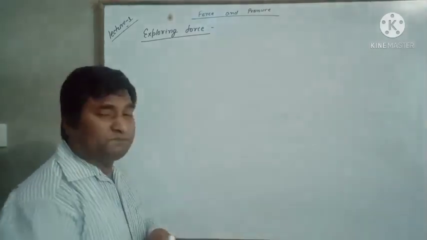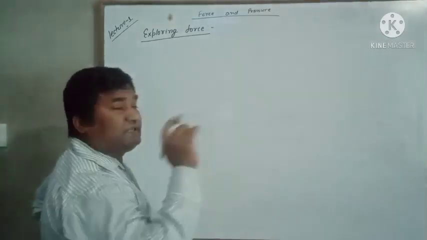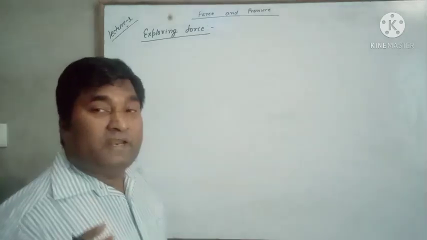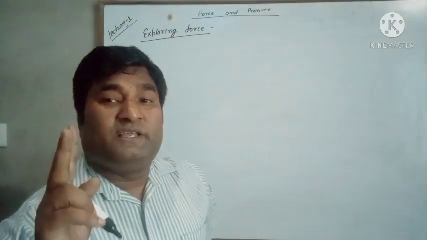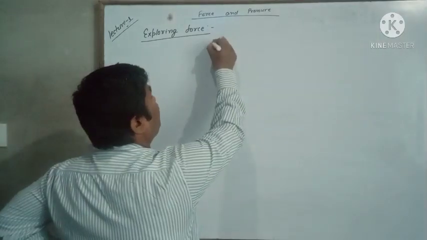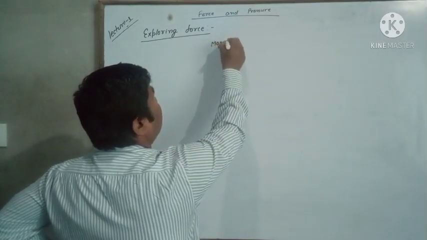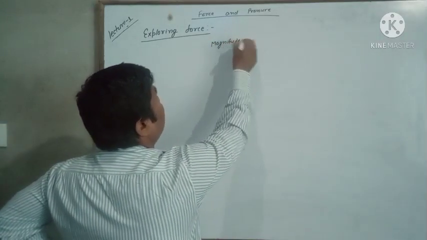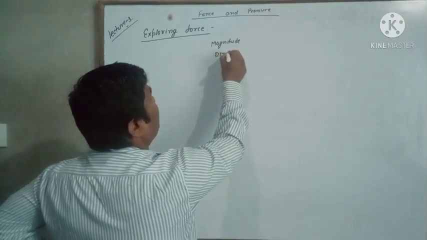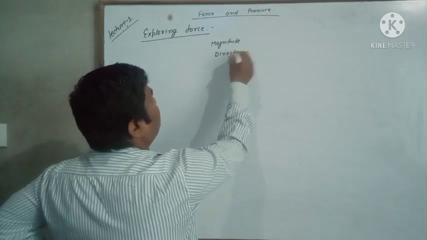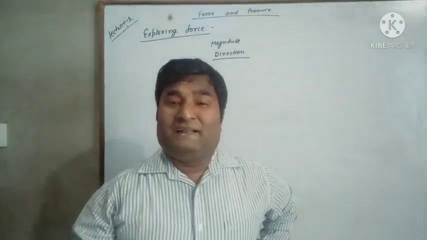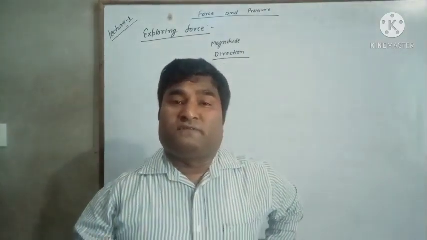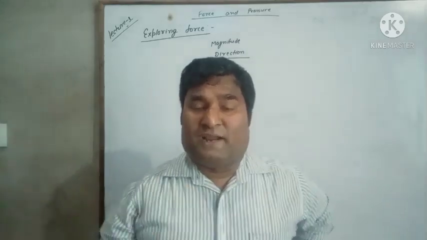So see here, what I am saying, I told you, whenever we are talking about force, two things should be in the mind. One is magnitude and other is direction. What is magnitude? Magnitude means the quantity or the amount of the force that is applied.